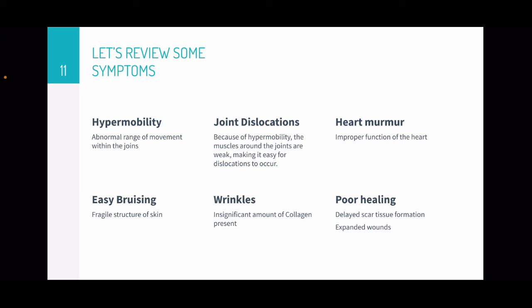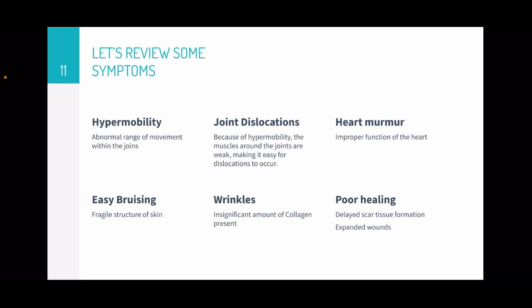The skin is very fragile since there is a lack of collagen, and basically the structure of the skin is fragile, which causes easy bruising. Collagen is also known for the elasticity it brings to skin, and because they don't have that, it provides an insignificant amount, which leads to wrinkles.